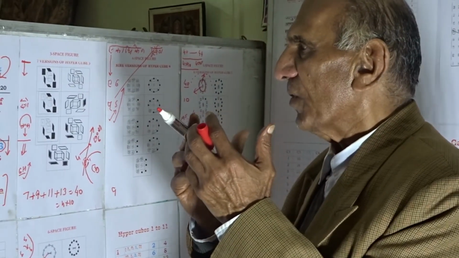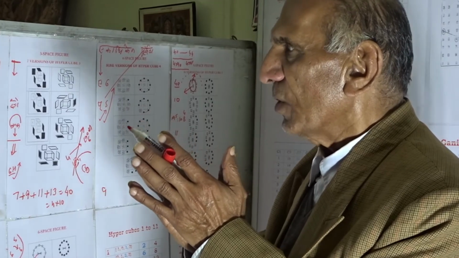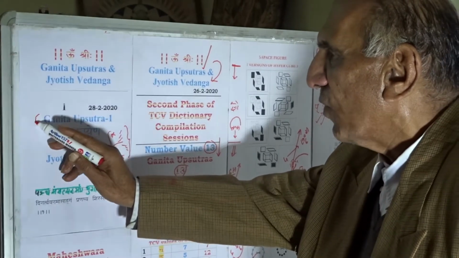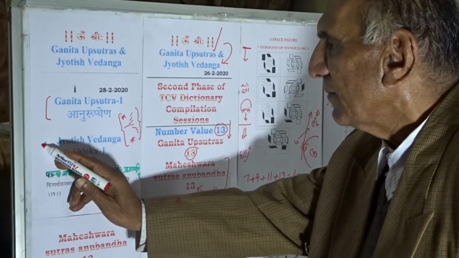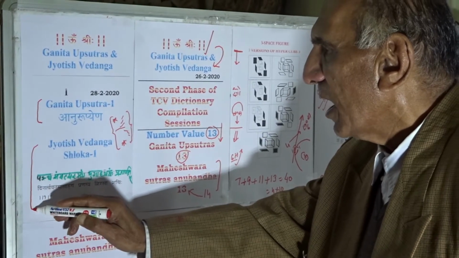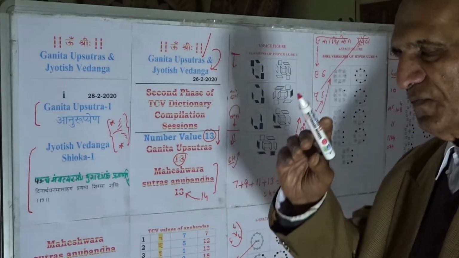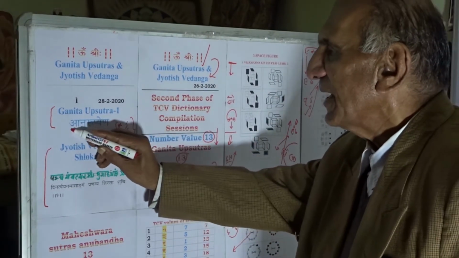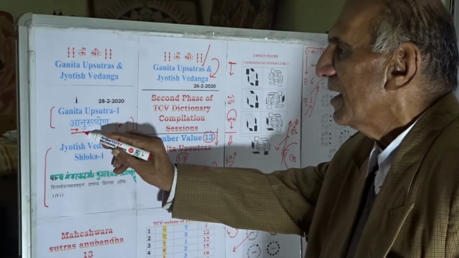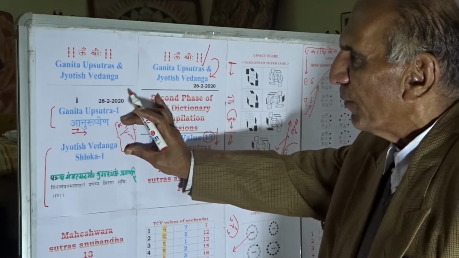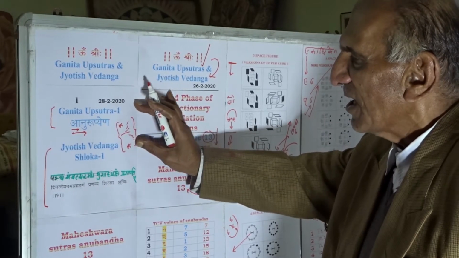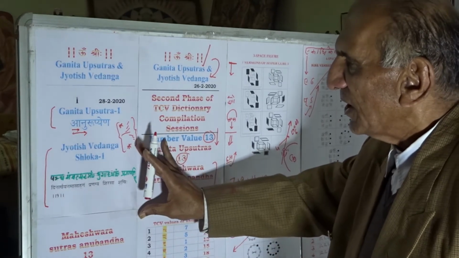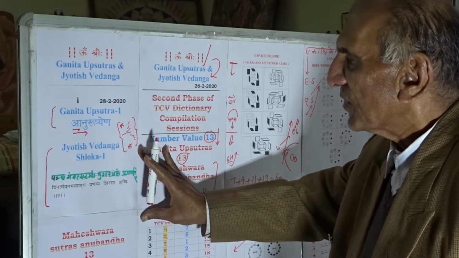Therefore, for it we have to go sequentially with the Ganita Upsutra 1 to the Shloka 1 of the Jyotish Vedanga. From the next session, we will be specifically taking up letter by letter, syllable by syllable, the formulation Anurupen of the Ganita Upsutra 1 text and Panch Sanvatsar Mayam Yuga Deksham Prajapatim of the Jyotish Vedanga first shloka.